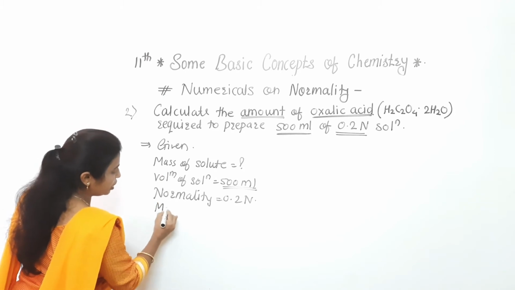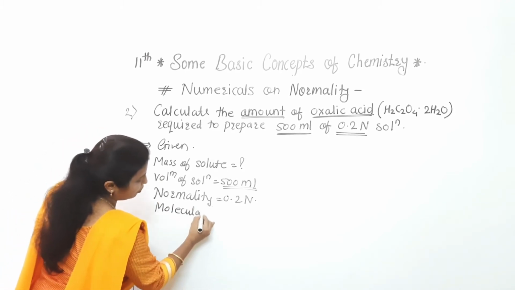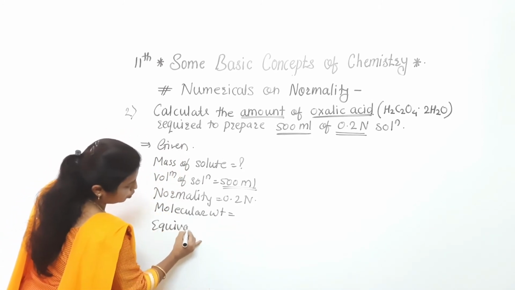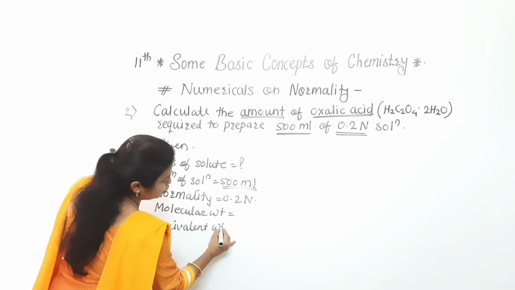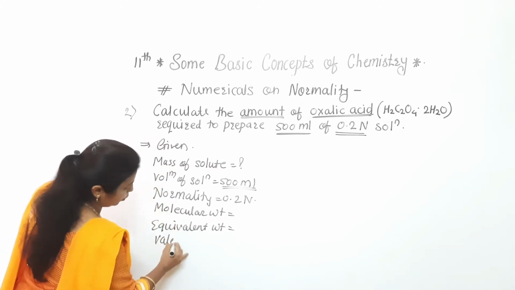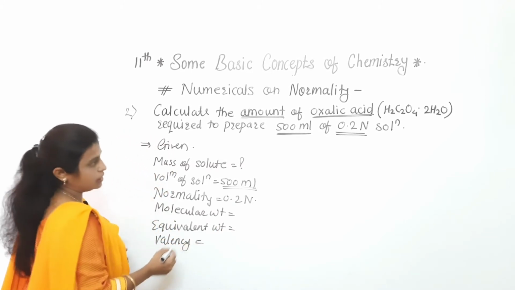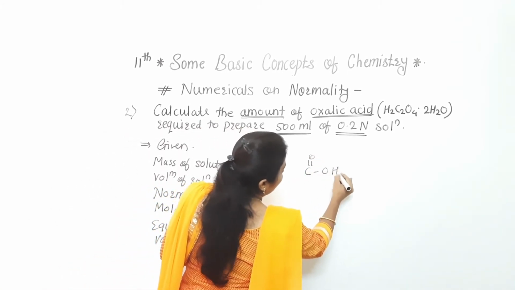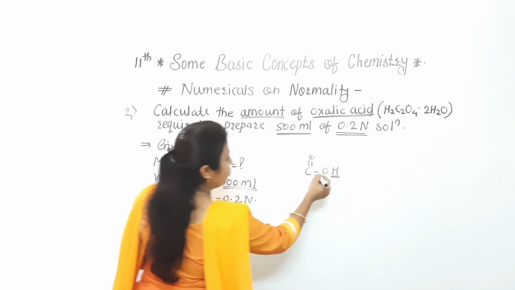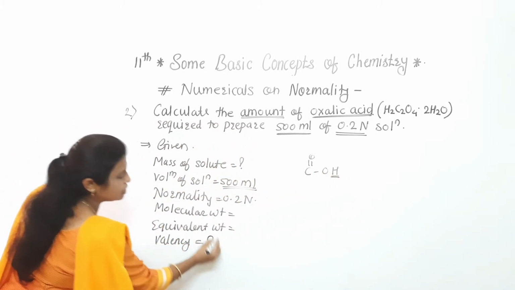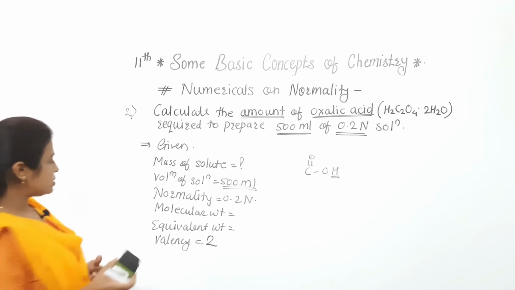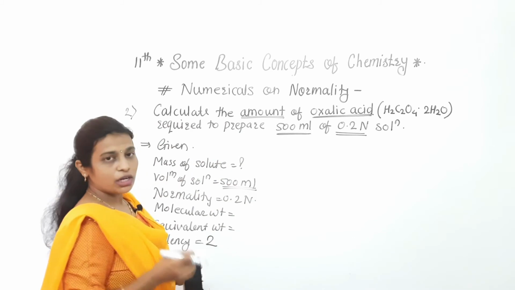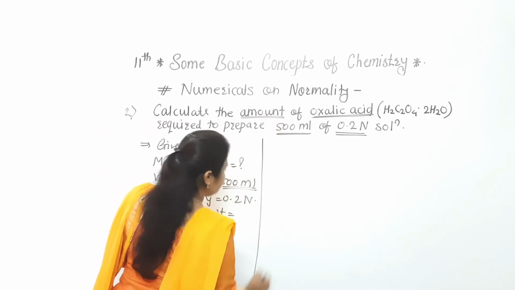Now we should know the molecular weight, because only when the molecular weight is known can we find out the equivalent weight. And to calculate the equivalent weight we should know the valency also. If we consider that oxalic acid, at that time 2 hydrogens will be there, so valency of that oxalic acid is 2. So if we consider equivalent weight and molecular weight, now see we will calculate the molecular weight of that oxalic acid.